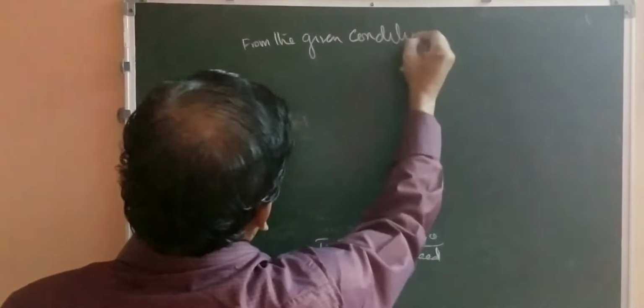So what is the time taken in downstream? 36 upon 12 plus x. And time taken in upstream, 36 upon 12 minus x.